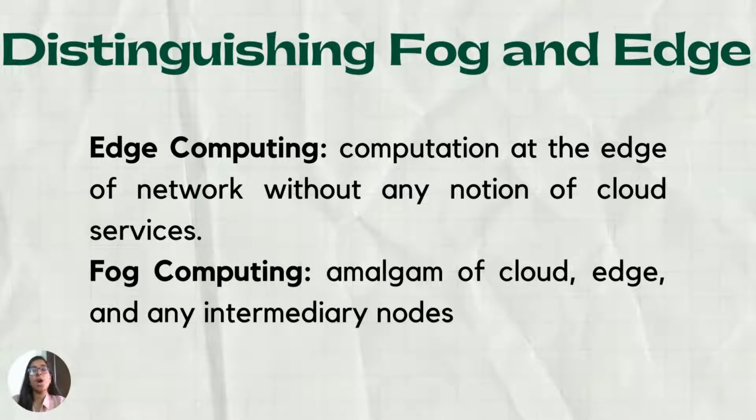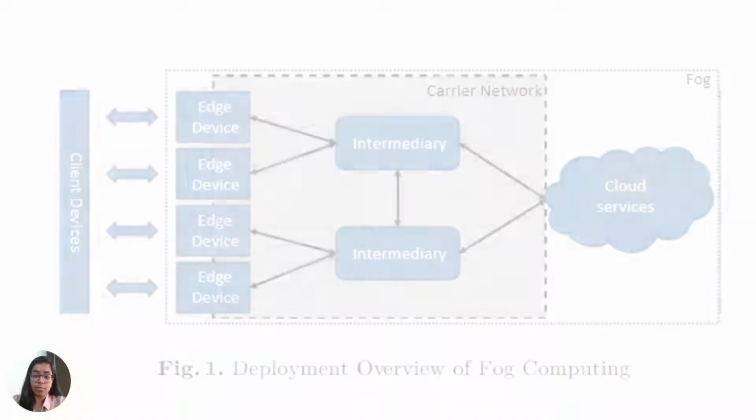So, what precisely is fog computing and how can it be distinguished from edge computing? Edge is exclusively about computation at the edge of the network without any notion of the cloud services. Depending on the source, fog computing is either the same as edge computing or is defined as the amalgam of cloud, edge, and any intermediary nodes in between.